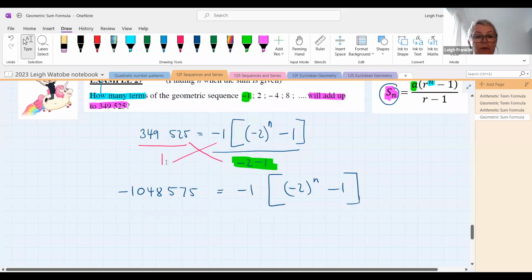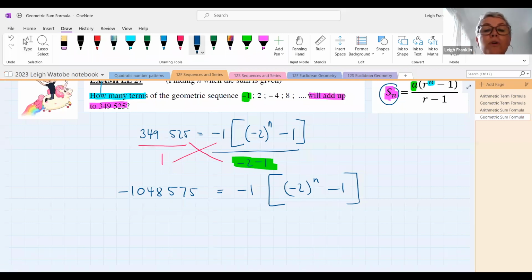Of course, when I multiply 1 by -1 times -2 to the n minus 1, it's not going to change. I still need to get rid of what is in front of my bracket. So in other words, I've got to get rid of this. So I'm going to divide both sides. I didn't show this step the last time, but I'm showing it now. I'm going to divide both sides by -1.